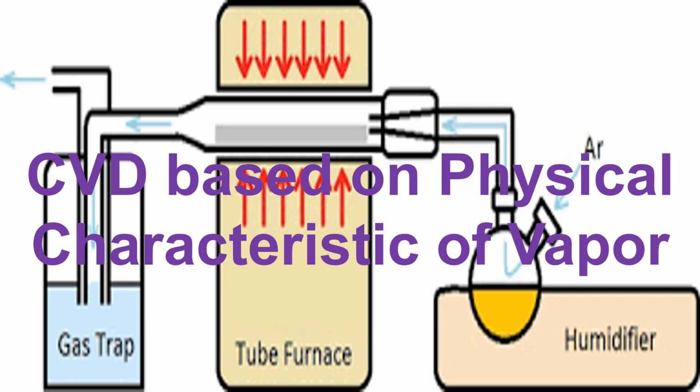There are two main types of CVD processes which are based on physical characteristic of vapor of the precursor gas. First type of CVD is known as aerosol assisted CVD process.